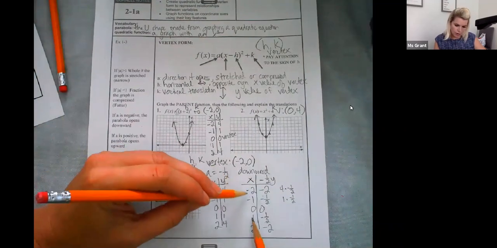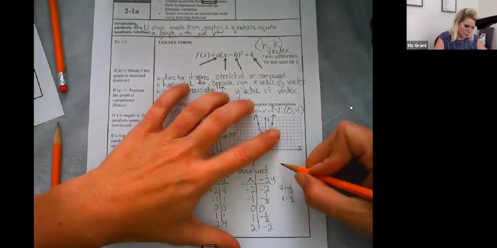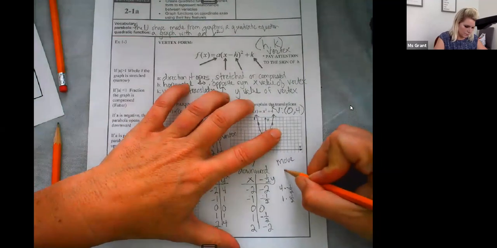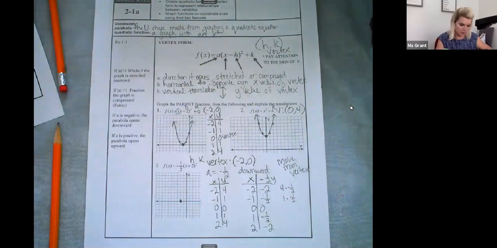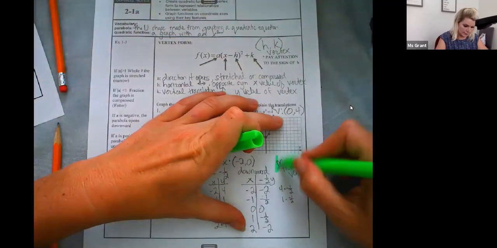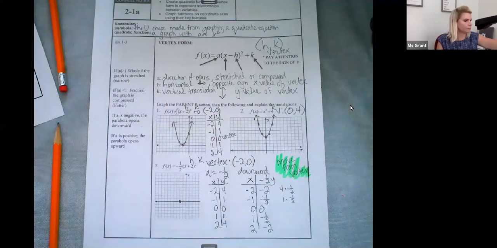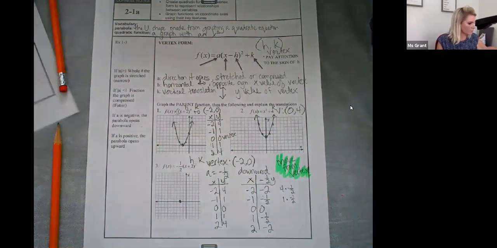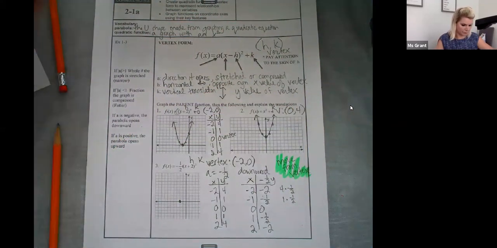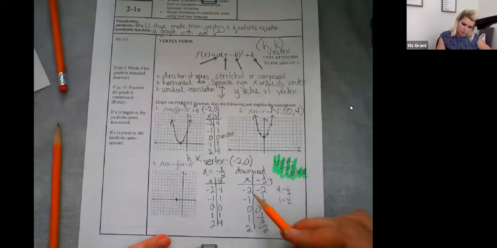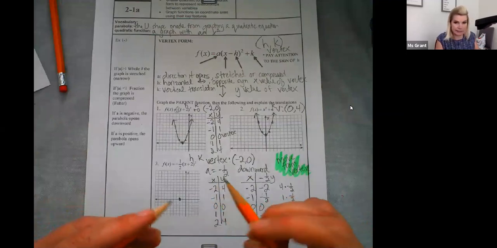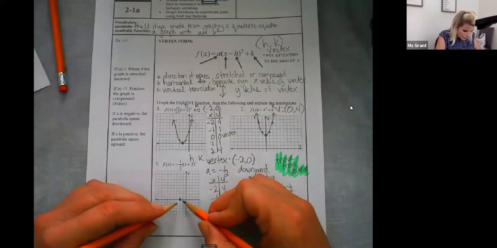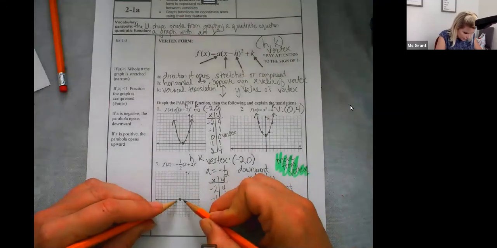So from the vertex, I'm even going to highlight that to make sure that you got it. Okay, here we go. 1 to the left and right, 1/2 down. That's kind of hard to do. Careful. 1 to the left and right, 1/2 down.